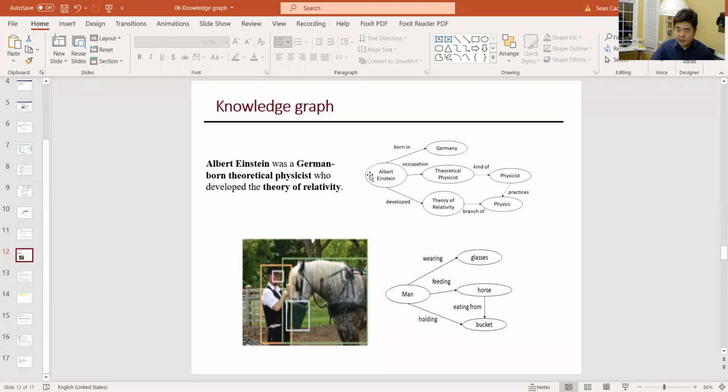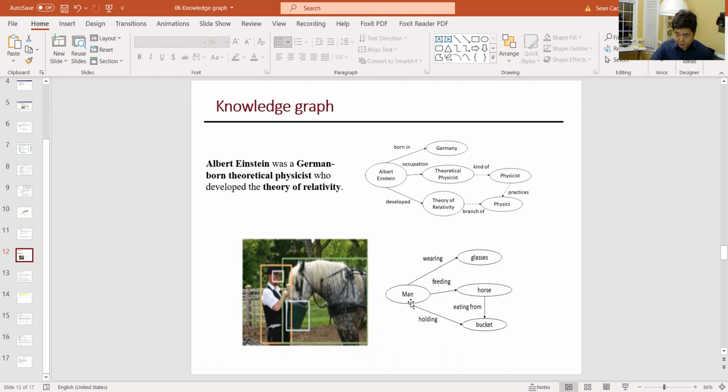If you can understand the data from Germany, it can help you understand Einstein. If you understand the theory of relativity, it can help you understand Einstein. So basically, we are not just using Einstein's past history to understand Einstein. We can understand Einstein's related parties' data and then come back to understand Einstein.